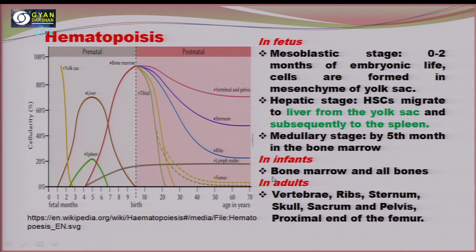In adults, several bones are able to generate the B cells, T cells, and other cells, and ultimately they mature and are able to fight against pathogens.